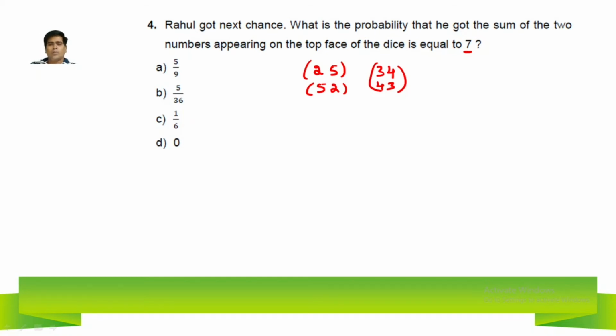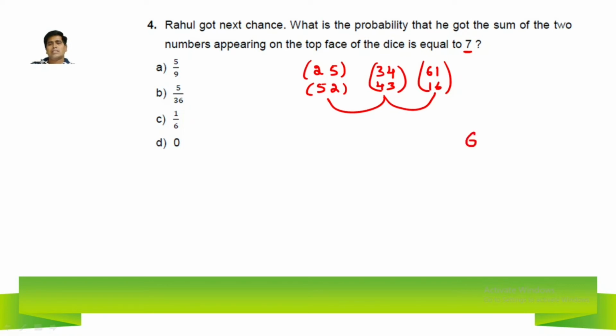One more we have: a combination of 6-1 and 1-6. Other than this, are you getting any others? So in total, how many ways are we getting 7? It is 6 ways: 2 plus 2 plus 2, a total of 6 ways.